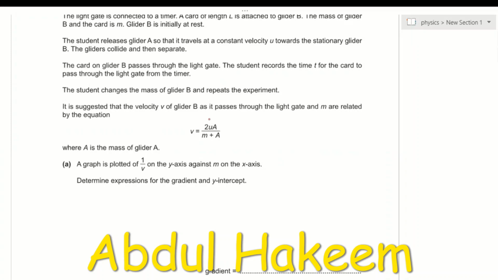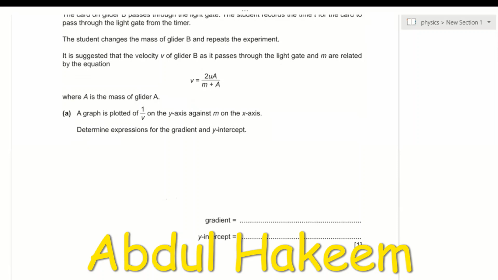The question is, a graph is plotted with 1/v on the y-axis against m on the x-axis. Determine the expression for the gradient. Looking at it, 1/v is required. So we write this equation: 1/v = (m + a)/(2ua), which means 1/v = m/(2ua) + a/(2ua).